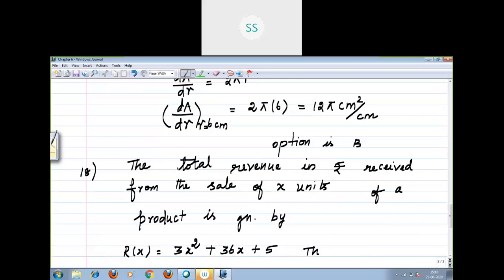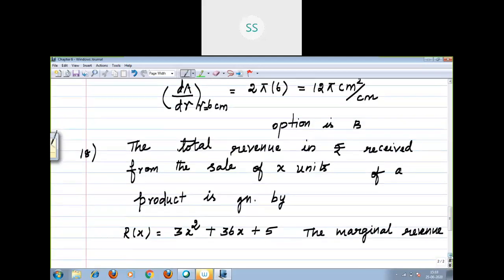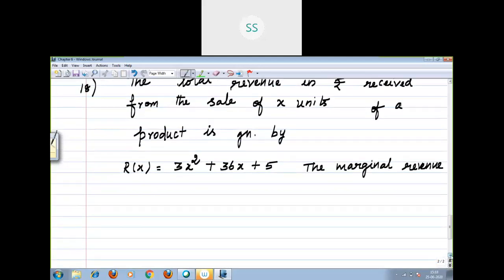The marginal revenue when x is equal to 15. The same thing I discussed in question number 16, the same format.